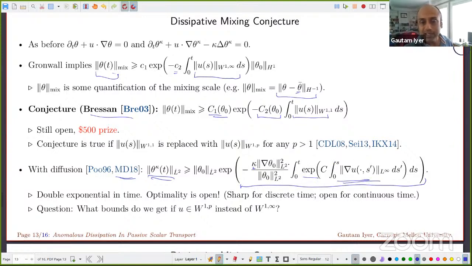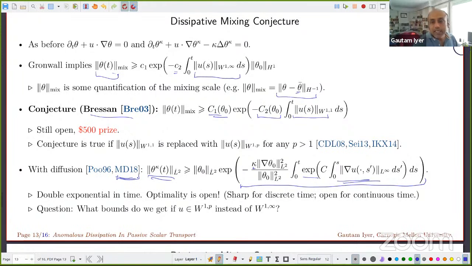So this is e to the t inside the exponent. So that's a double exponential lower bound. The optimality of this is open. I don't know. In discrete time, I have an example, I can show that this is true. In continuous time it is open. There's actually a nice discussion in this paper of Charlie Doering and Christoph Miles, which I recommend looking at.